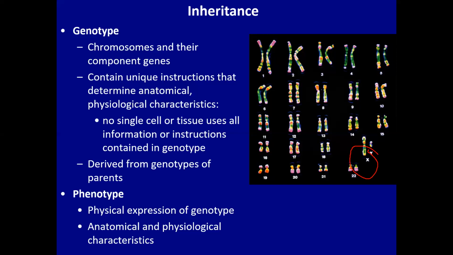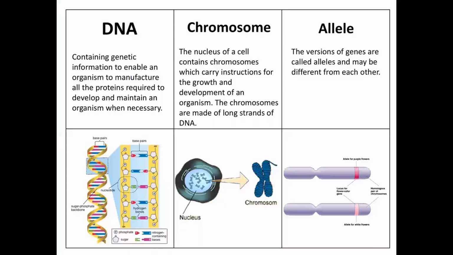The phenotype of an individual is what you see, or the physical expression of the genotype. So it's the anatomical and physiological characteristics. To refresh you just a little bit, remember that your DNA would be indicated by this double strand piece of DNA that when you take it apart, you're looking at the building block, which is a nucleotide.